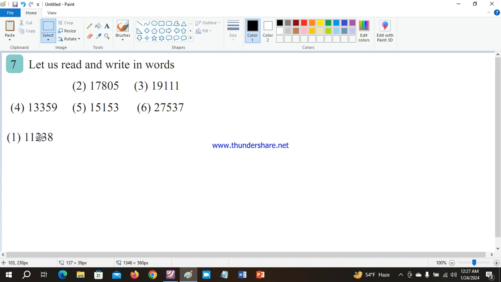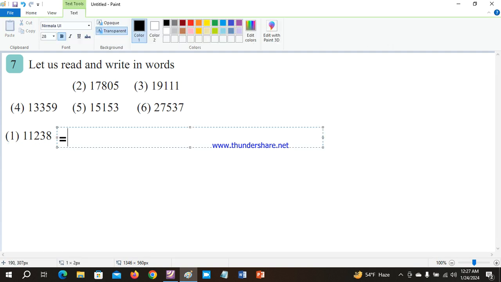At first, problem number 1, we can write it: ones, tens, hundreds, thousands and ten-thousands. Here ten-thousands and thousands make thousands, that is 11 thousands. 11,000. Here 200, and 3 and 8, 38.